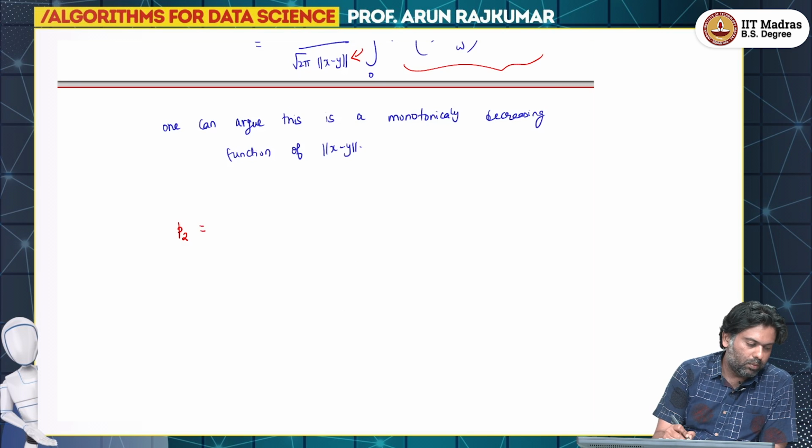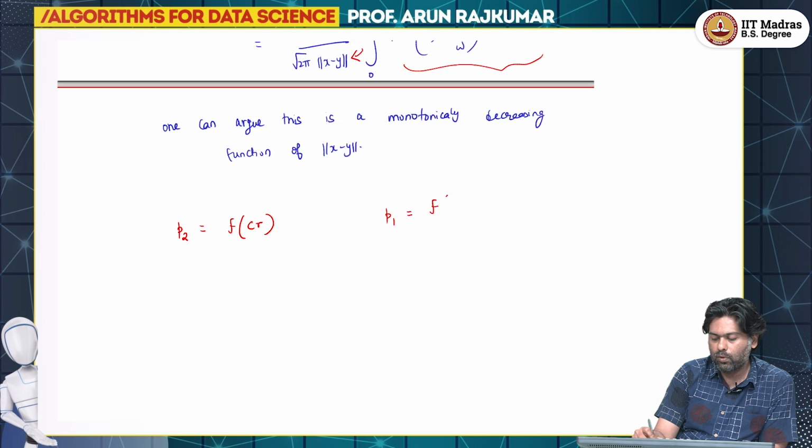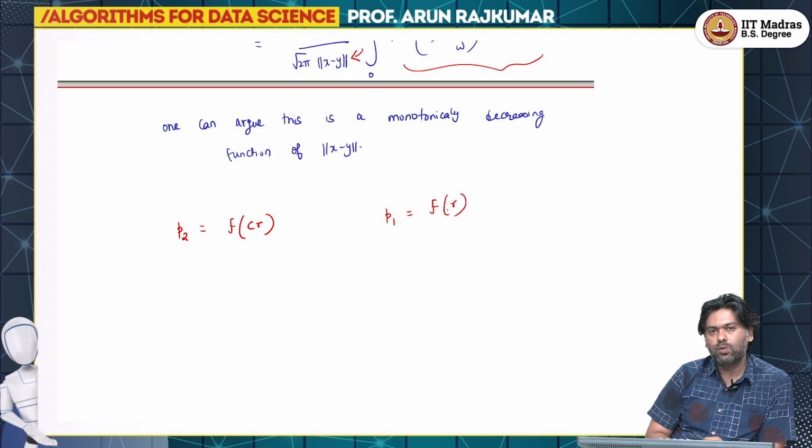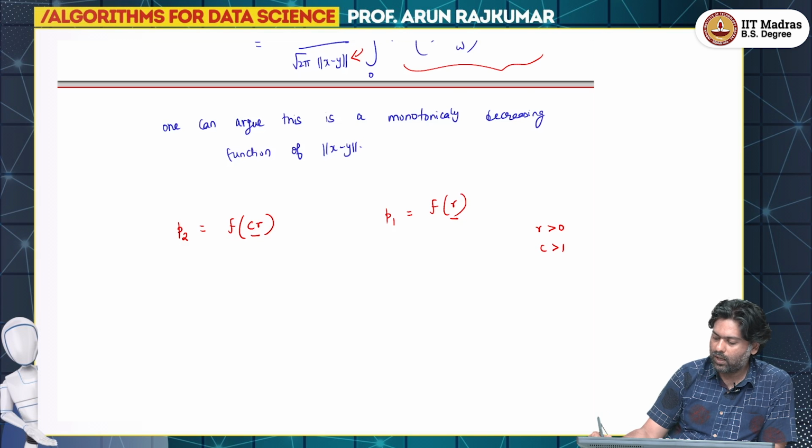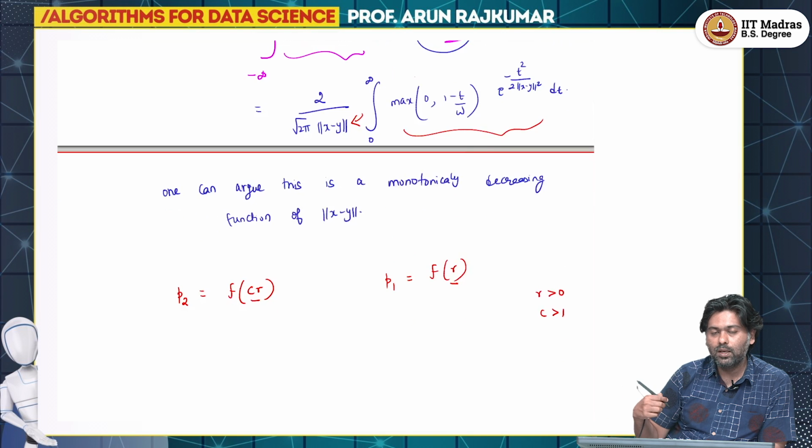P2 is the probability of a collision happening when norm x minus y is CR, and P1 is the probability of a collision happening when norm x minus y is just R. R is some value greater than 0, C is some value greater than 1, which means that CR is going to be greater than R. But we have just argued that this collision probability function f is a monotonically decreasing function of the norm.